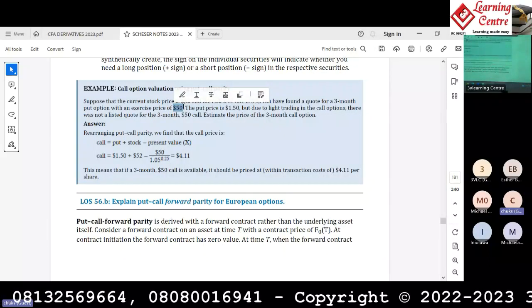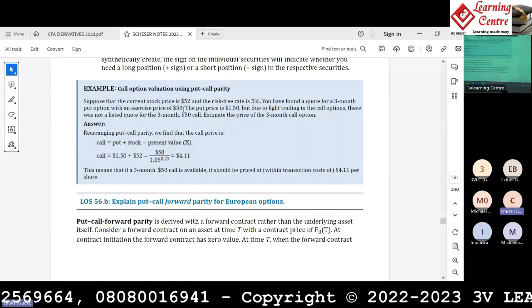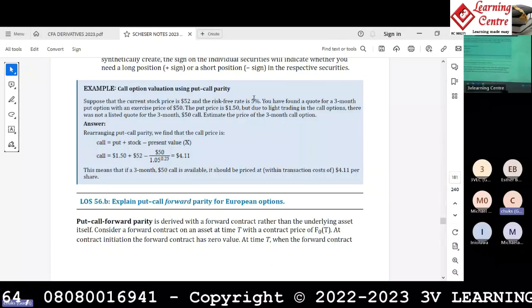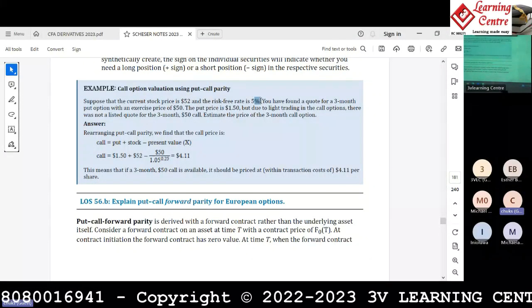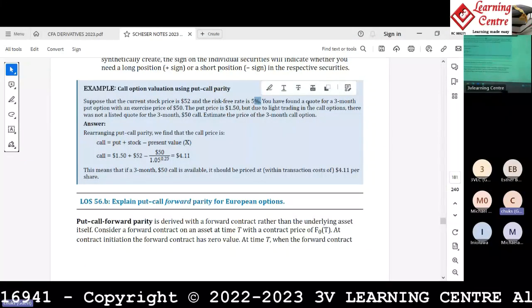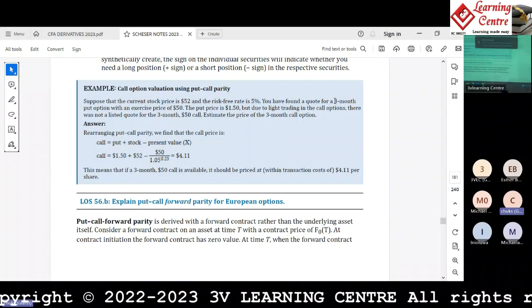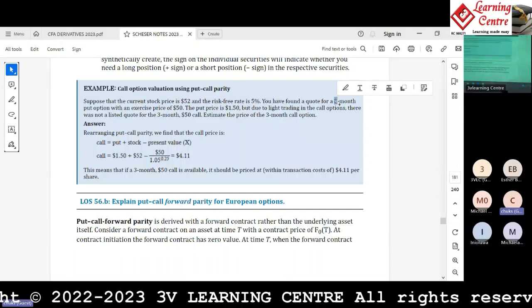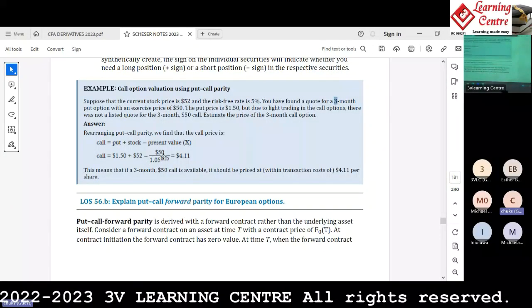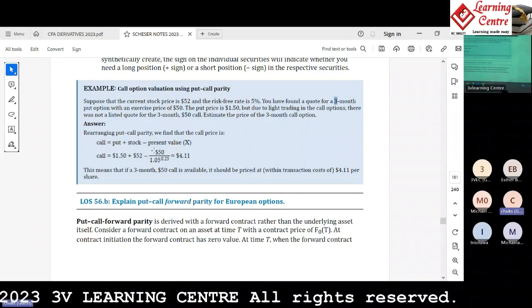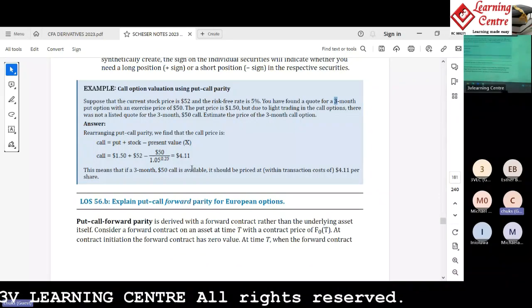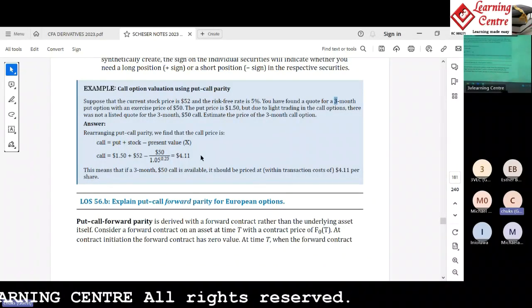So $50 divided by 1 plus R. What's our R? Risk-free rate, 5%, raised to power N. N is the 3-month period, which is 3/12. So 50 divided by 1.05 raised to power 3/12 is the present value. Once we fix this equation, it gives us 4.11.